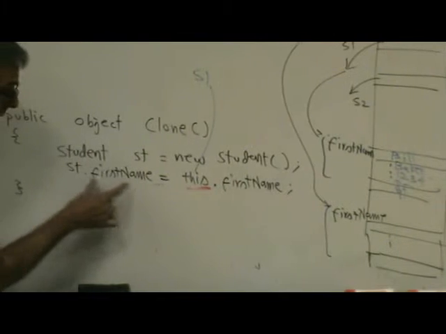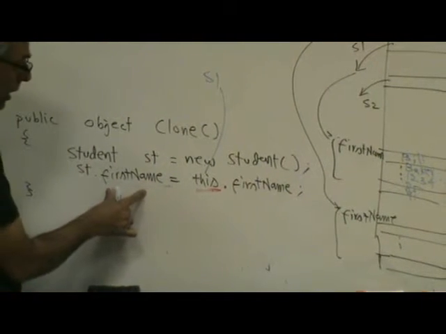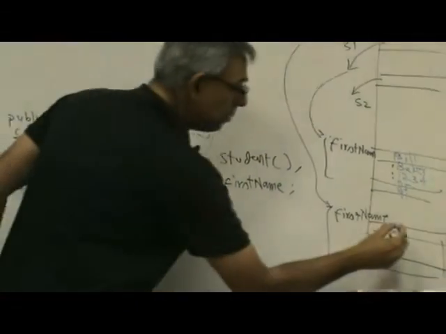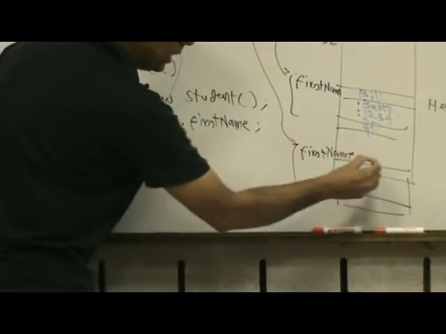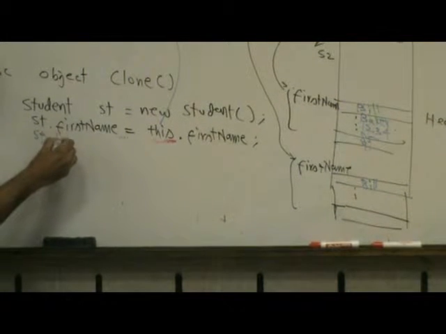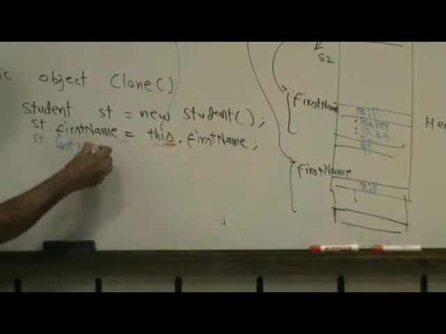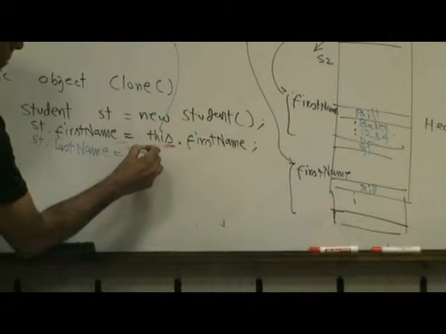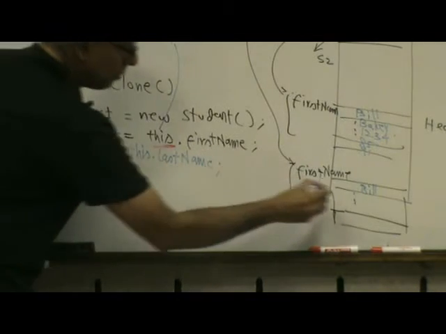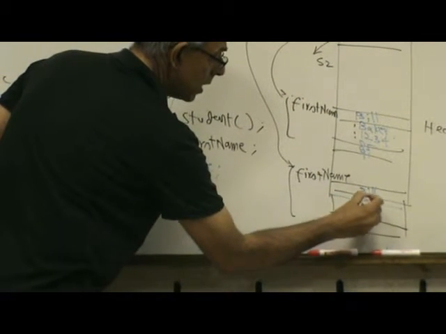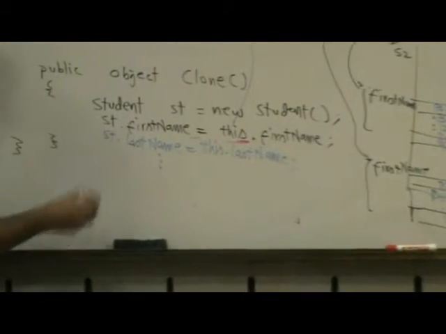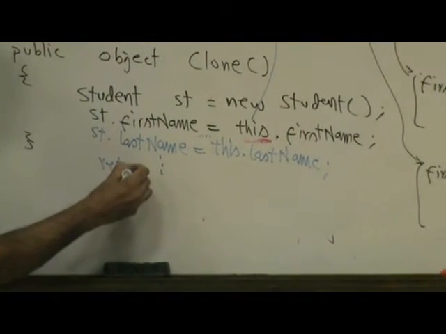So once we do st.firstName = this.firstName, Bill will go over here, correct? Very similarly, if I do st.lastName = this.lastName, Baker will go over there, right? And so on. So if I did it for all the 5 fields, and then I simply did return st.